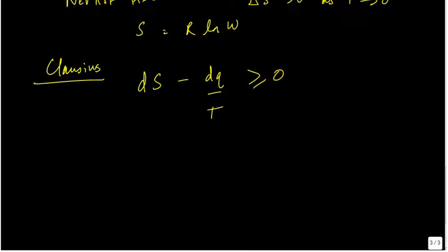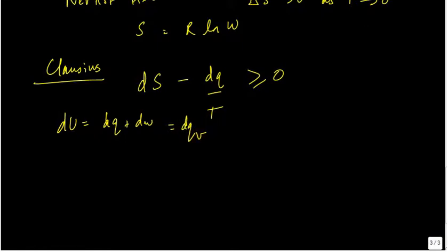Okay, and I also know that dU is equal to dq plus dw, and if I say my volume is constant, then it just gives me dq_V.